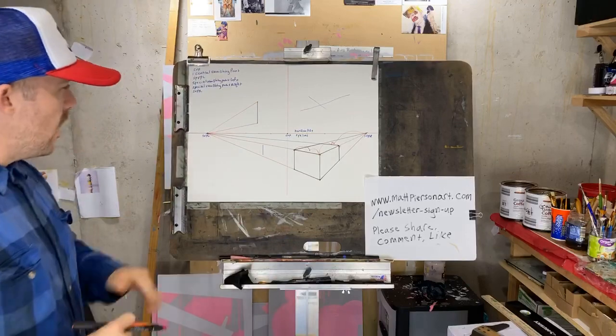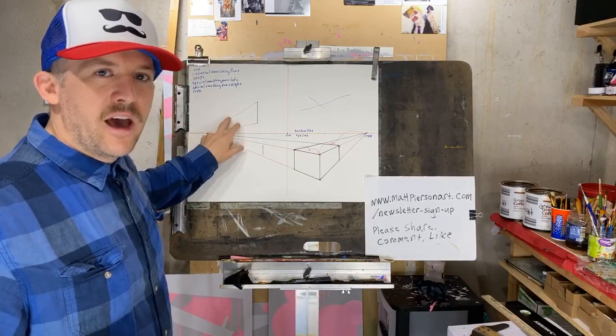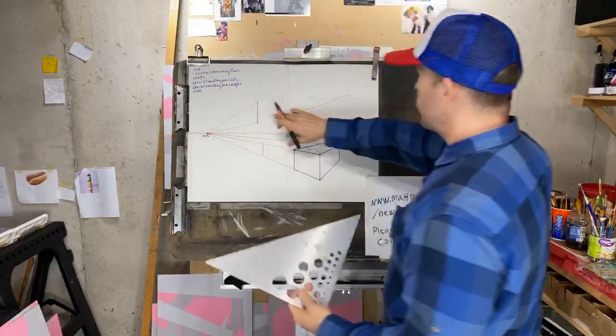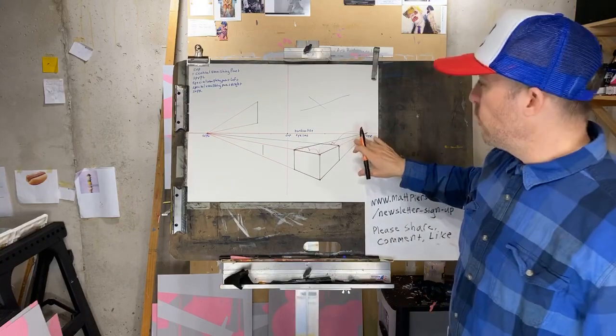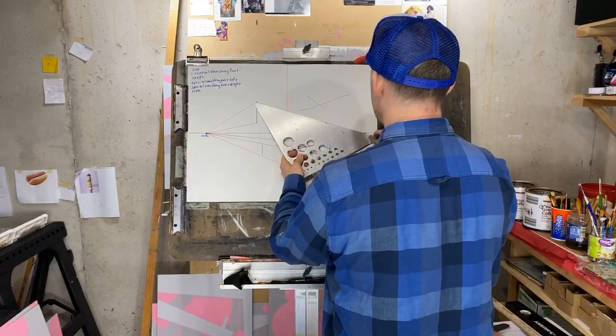So now we have the left plane, or left face, of that block. Now we're going to go across our central vanishing point down to special vanishing point right and make our other face or side plane of that shape.